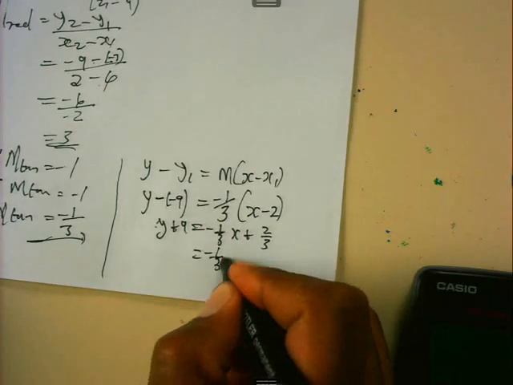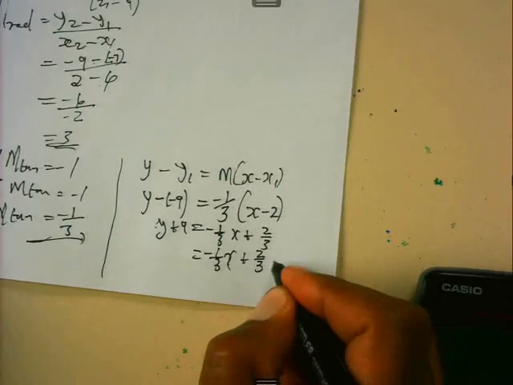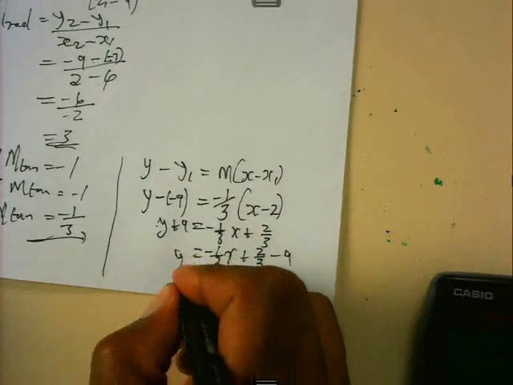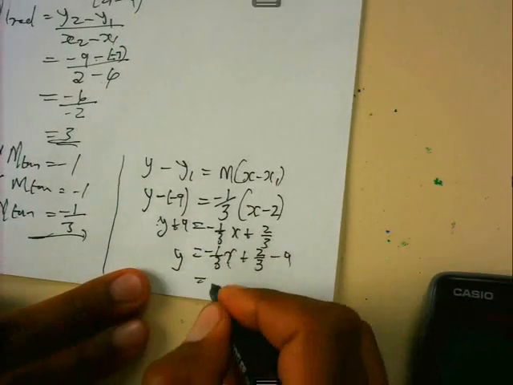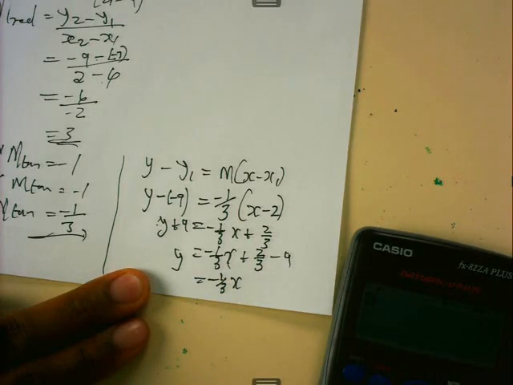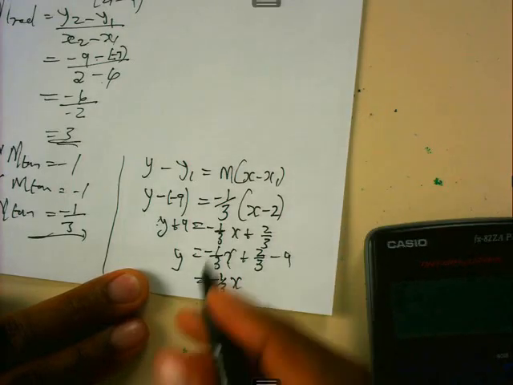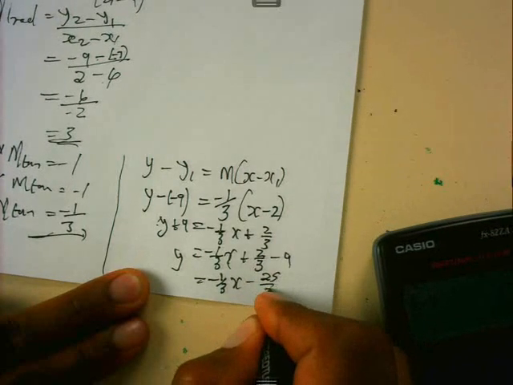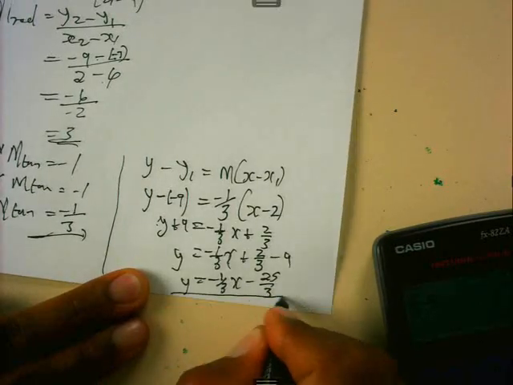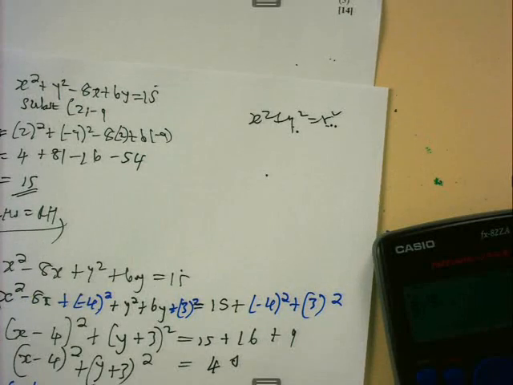Now we have 1 divided by 3 x, now plus 2 over 3 minus 9, then it equals y. Therefore, the final answer there is 1 over 3 x, now we take 2 over 3 minus 9, and the answer is minus 25 divided by 3, which is the equation of the tangent at the point 2 and minus 9.